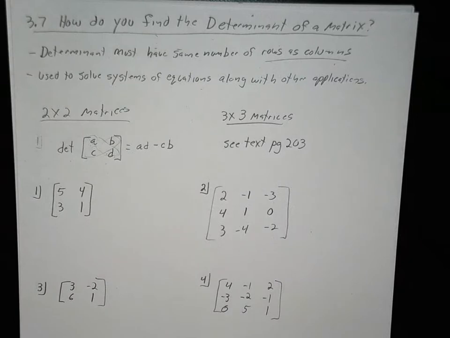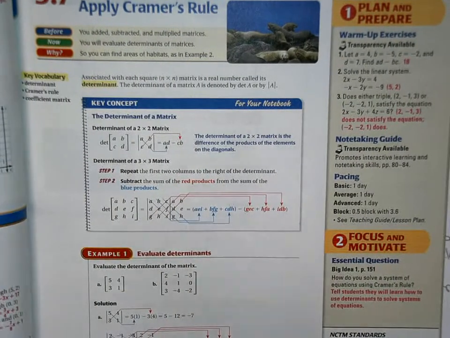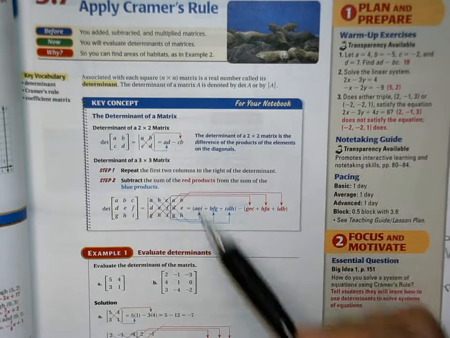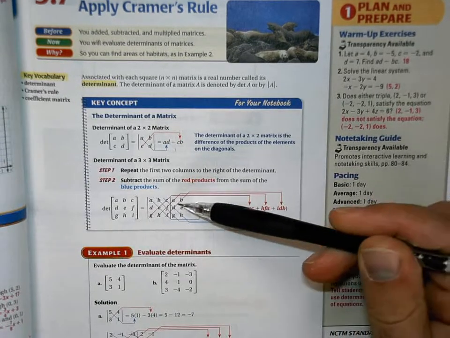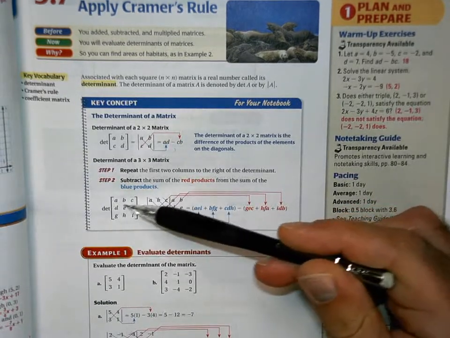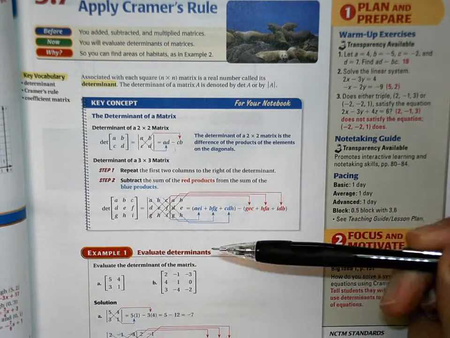I'm going to refer you to the book on page 203. It looks something like this. And here again is the 2 by 2. For a 3 by 3, in general, we take the 3 by 3 matrix, we rewrite the first and second column again, and we multiply.